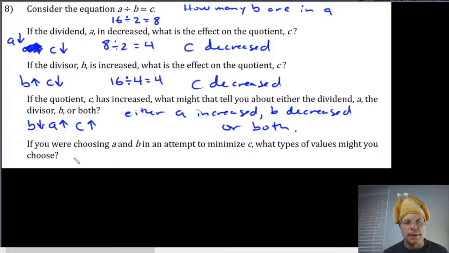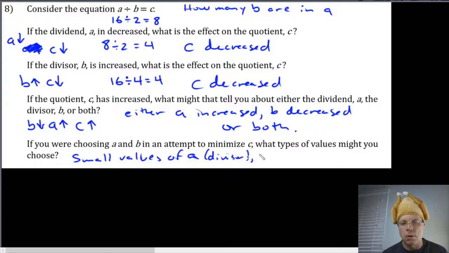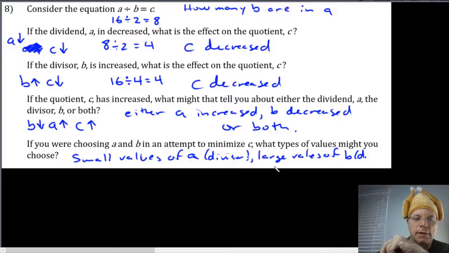So I want small values of A, the divisor, or large values of B, the dividend. I just messed up my vocabulary. Let me fix this.